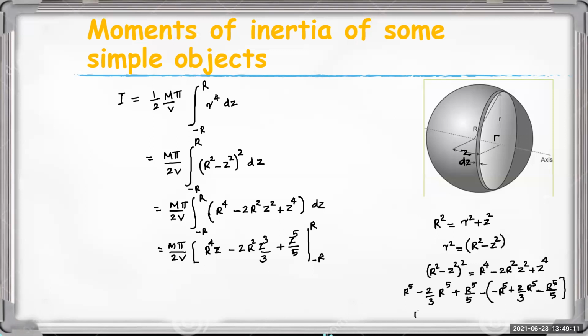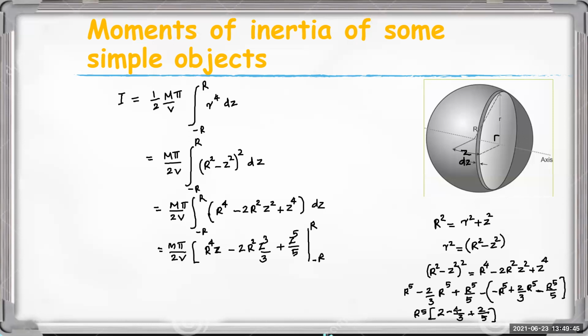So when we take R raised to 5 outside, here 1 R raised to 5, here 1 R raised to 5, then 2; here minus 2 by 3, and here minus 2 by 3, minus 4 by 3; then here 1 by 5, and here also 1 by 5, then 2 by 5.